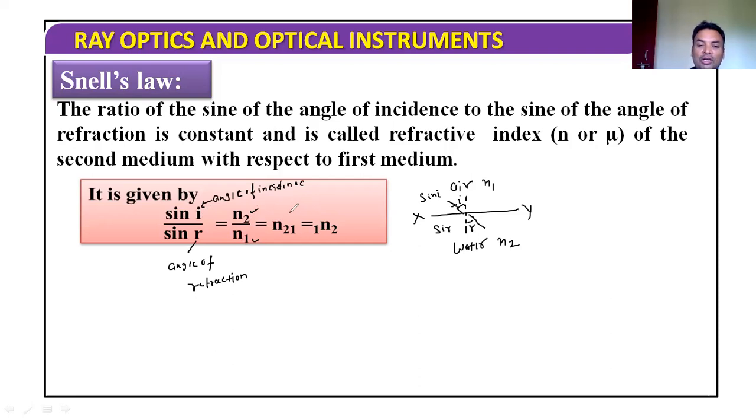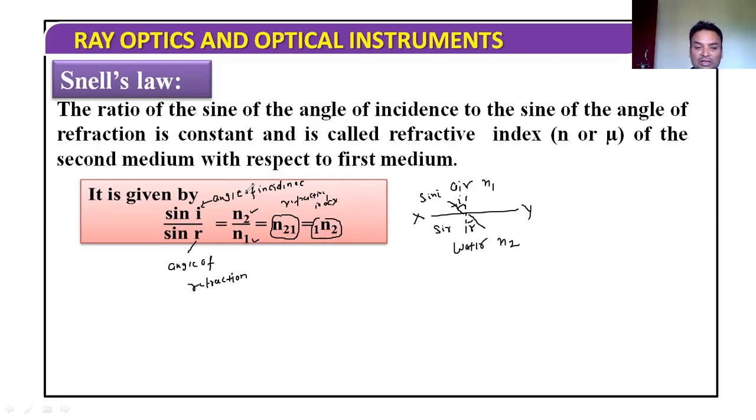So we can call it N21. N is the refractive index, and N21 means the refractive index of the second medium with respect to the first medium. We can also write this as 1 and 2, and we pronounce it the same way.